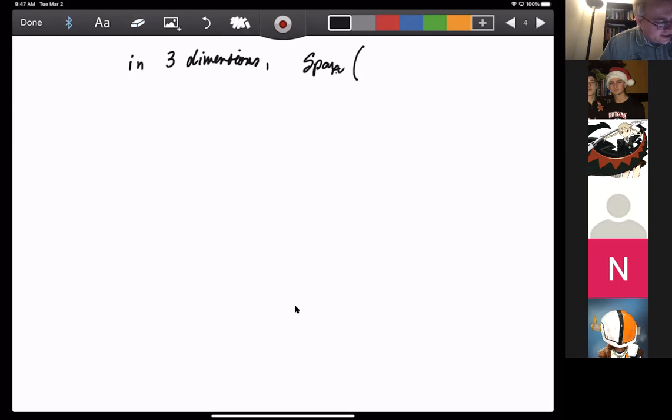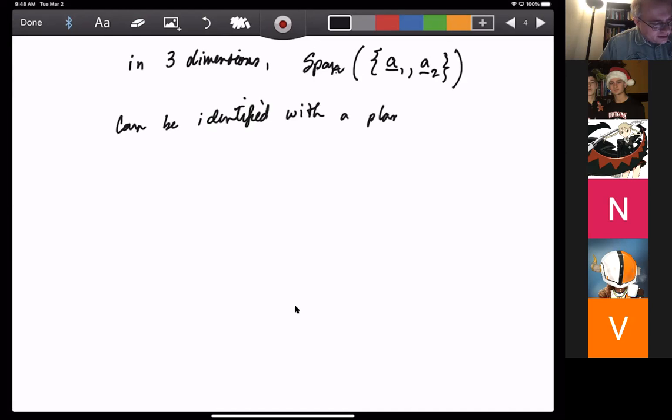The span of the set A1, A2 is identified with a plane. Okay, and so on.